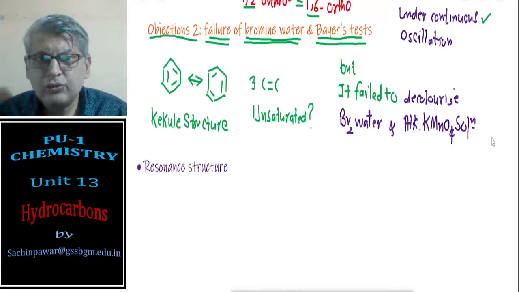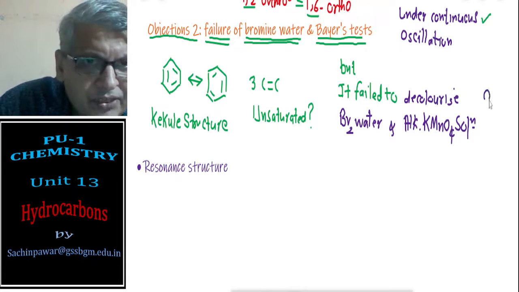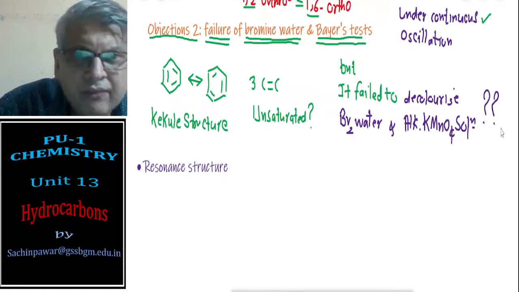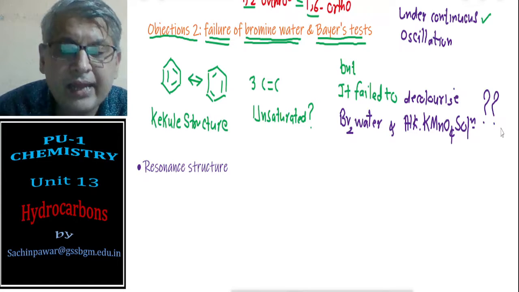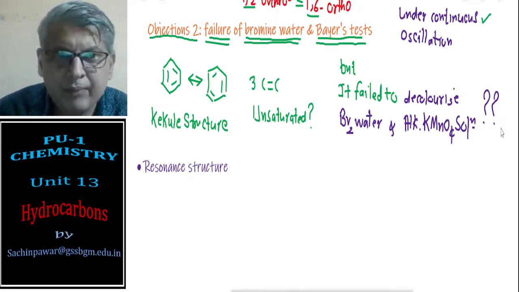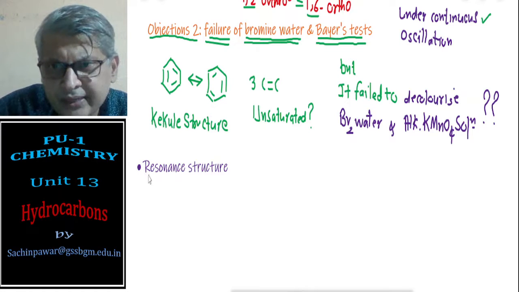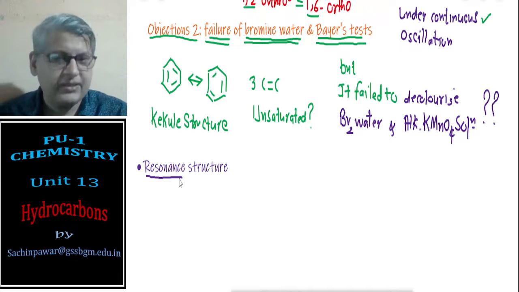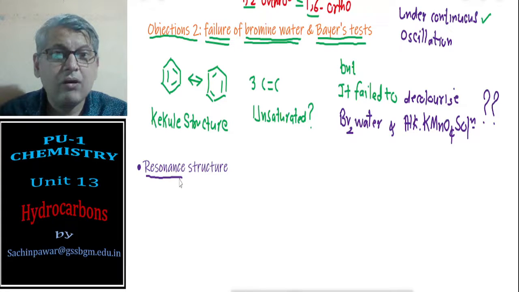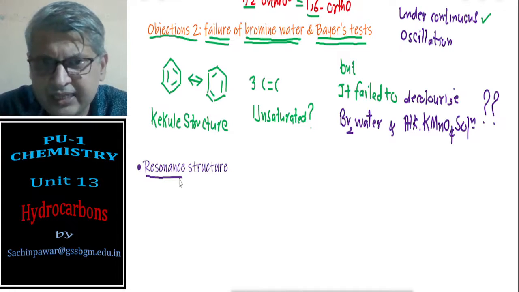So this is a question which is put to Kekulé, and Kekulé could not explain it. But this objection can be overcome by considering the resonance concept, also known as the mesomeric effect, and that we shall see in the next part.